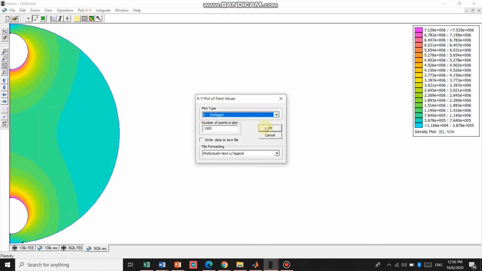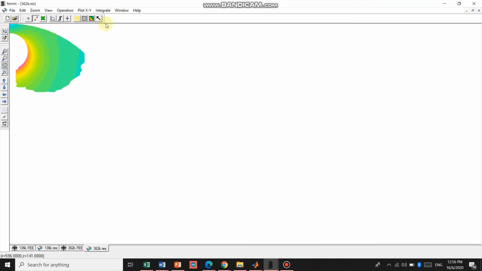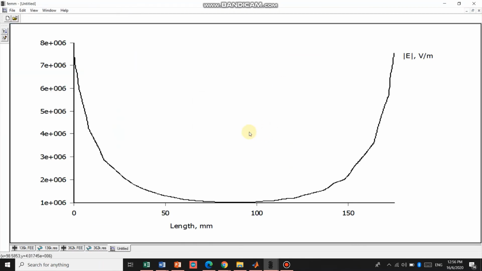As we plot voltage versus the gap distance, we can verify that the maximum voltage is around 362 kilovolt. Then we plot the field intensity. The maximum field intensity is around 7.4 megavolt per meter.